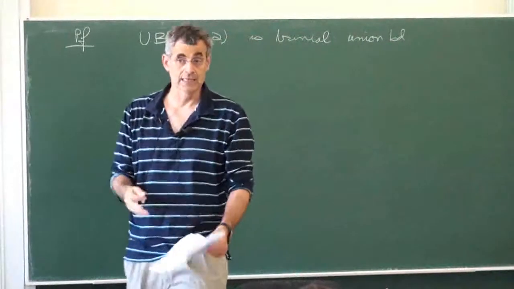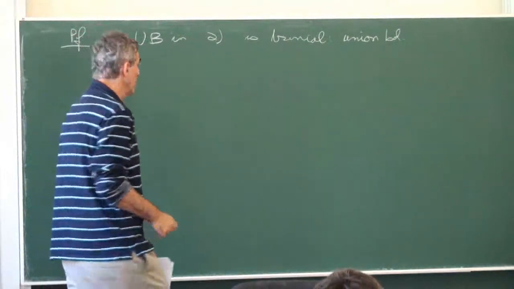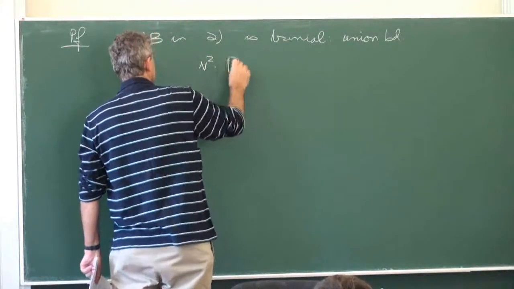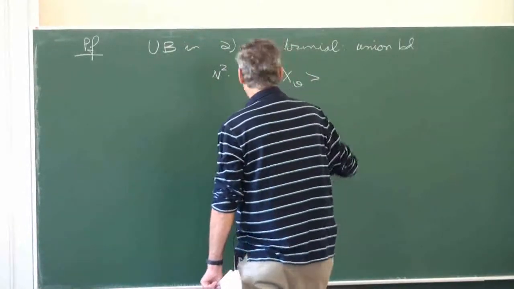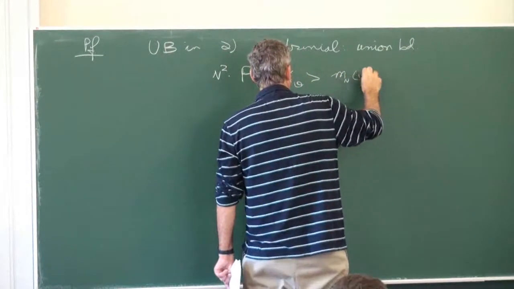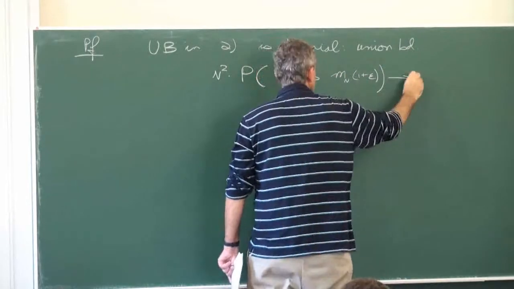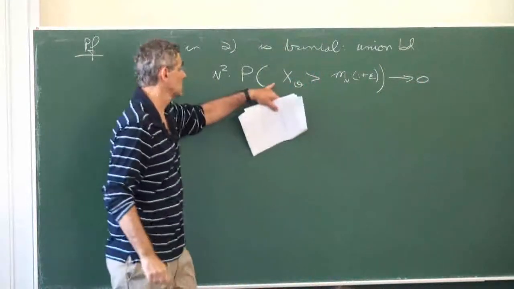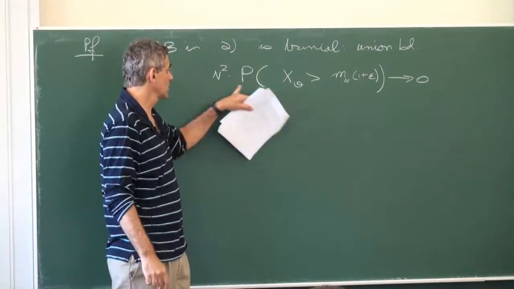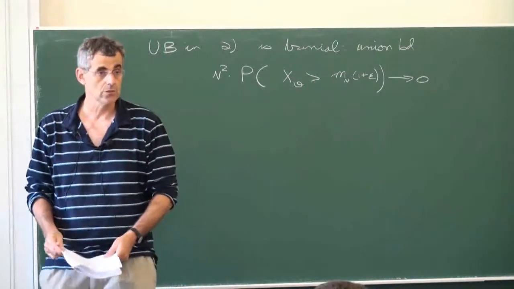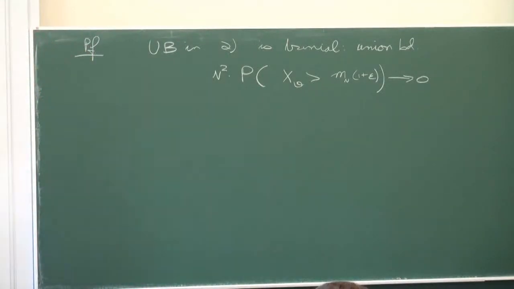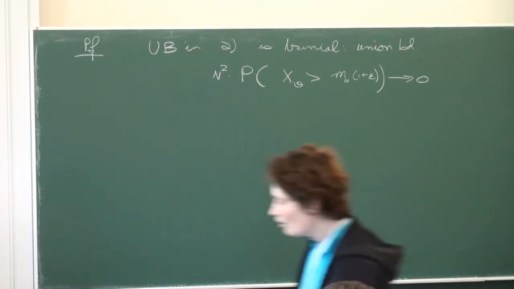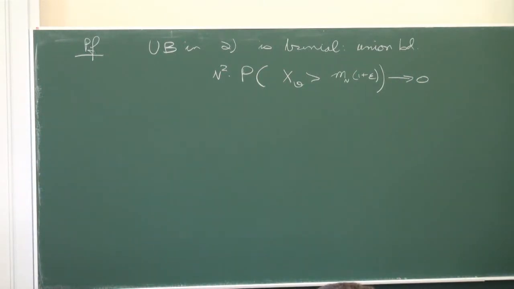So we have n square points, n square random variables, times the probability that Xv is larger than Mn times 1 plus epsilon, which goes to 0. This is just a Gaussian random variable. You stick into here the tail estimates for Gaussian random variables, you get that for free. So the upper bound in the law of large numbers is trivial. This, of course, does not yet give what is written here, but it gives that fact.